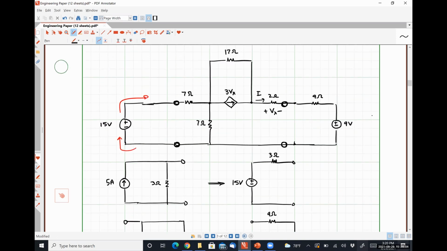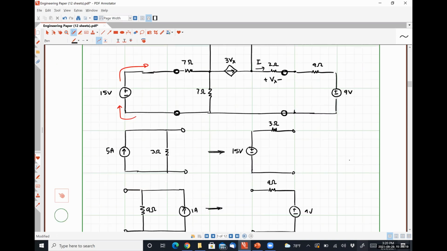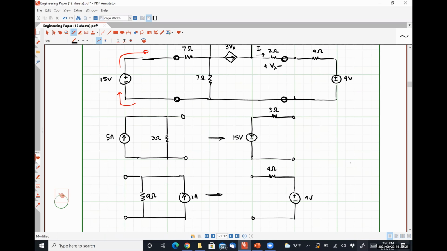I don't know that I understand your question. For these transformations to occur, the source resistance of 9 ohms in this case for the current source has to be the source resistance for the practical voltage source as well.